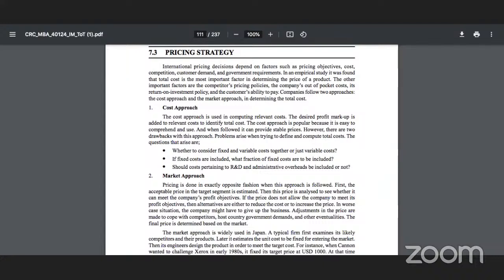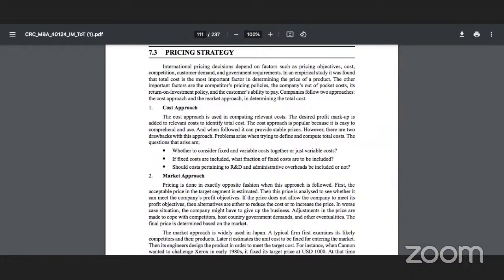Because while we have other factors to be considered, like the competitors' pricing policies, the company's out of pocket costs, its ROI, that is return on investment policy, and the customer's ability to pay, the company needs to fundamentally understand what is the cost to me to manufacture and distribute this product. What is my total cost?